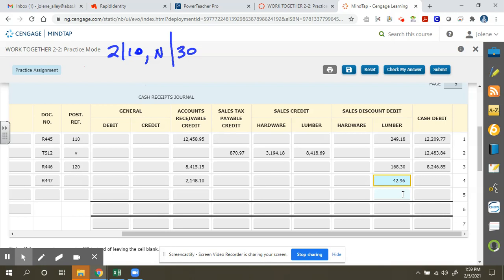Yep, $42.96. Okay, it's a discount. Oh, wait. This said hardware. I put it in the wrong column. Didn't go in lumber. It's not lumber. It's for hardware. So it's a discount. It's a coupon. So we got to deduct this from how much they owe to find out how much their check is.